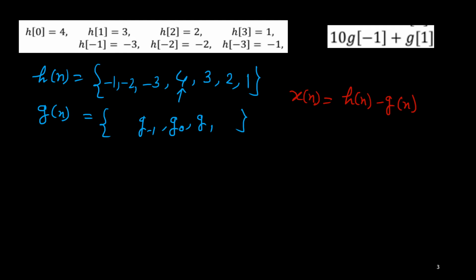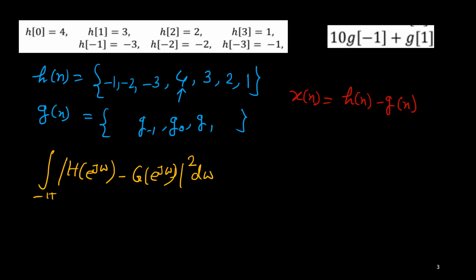So you see we need to minimize this function, h of e to the power j omega minus g of e to the power j omega, that mod square, d omega from minus pi to pi, and that we can write simply as 2 pi times the summation of h of n minus g of n, that square.